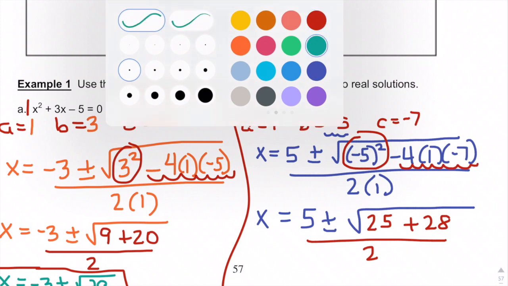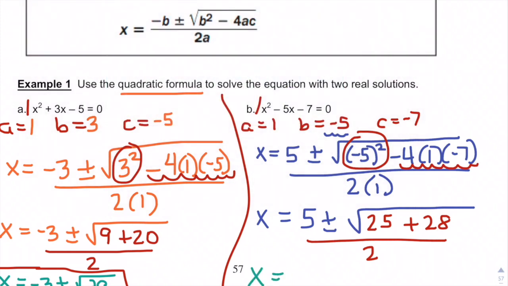All right, continuing to simplify. Still working with that square root. We need to add 25 and 28 together. Grab that calculator. 25 plus 28. That makes 53. And then it's divided by whatever number was on the bottom, which is 2.